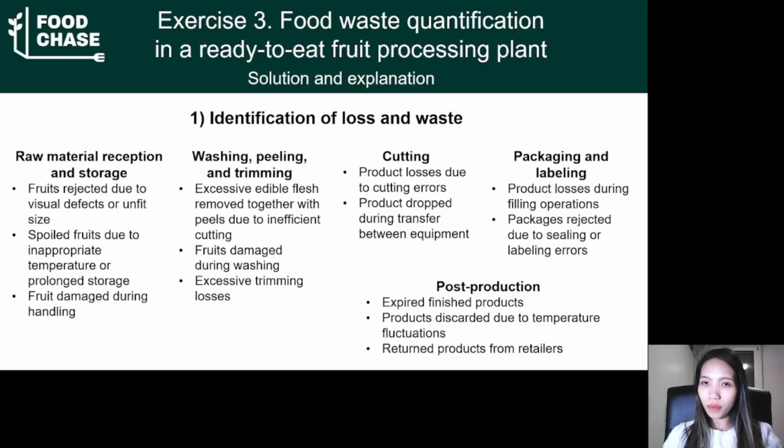In the cutting operation, we have product loss due to cutting errors, product drop during transfer between equipment, and in the packaging and labeling stage, we can have waste like product loss during filling operation. It could be spill out of the packaging.